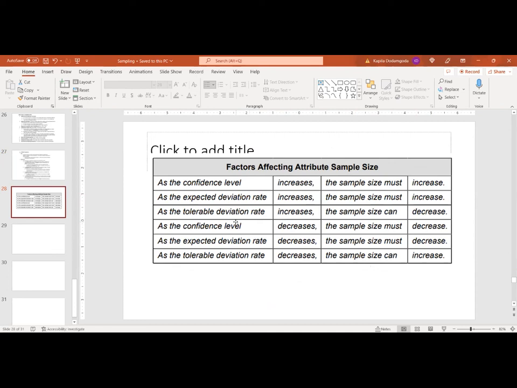Tolerable deviation, acceptable deviations are very high, you are okay to make incorrect judgments, a higher level of incorrect judgment, then even a smaller sample is okay. If your confidence level is less, the sample size also can be less. If the expected deviation rate is low, a more compliant sort of population, the sample size also could come down. If the acceptable deviations, problems, are lesser, then the sample size should increase.